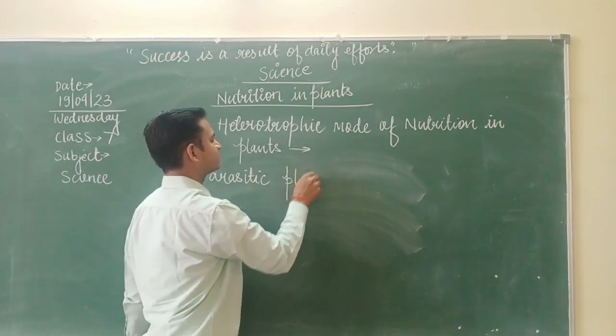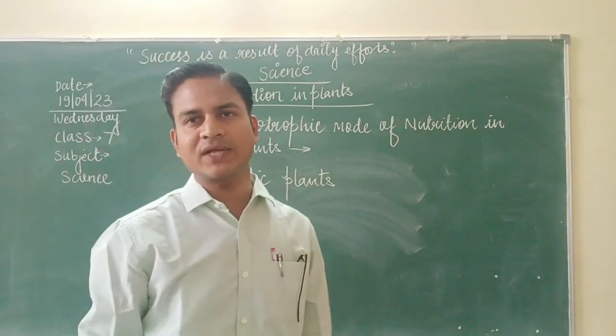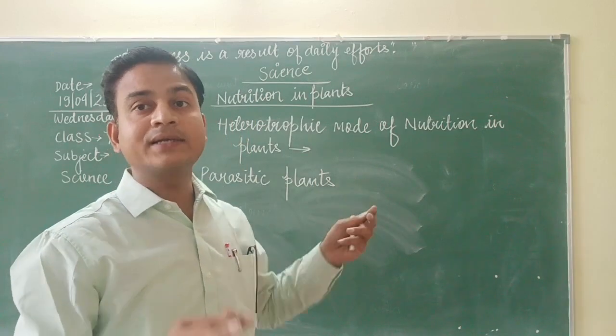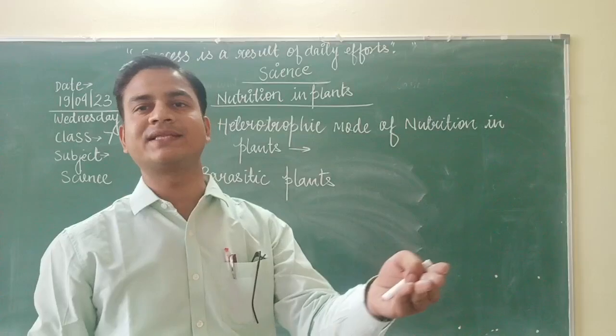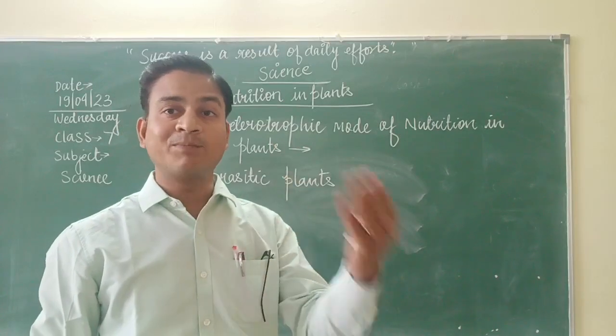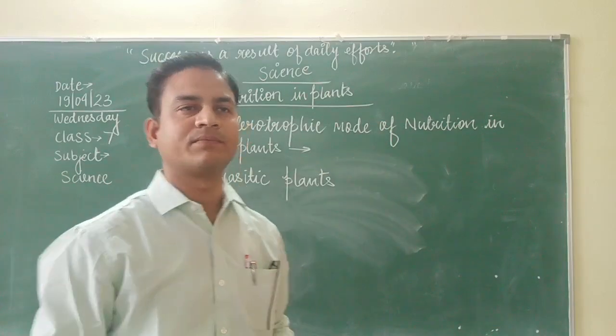Parasitic plants. Children, parasitic plants are those plants which have heterotrophic nutrition, and they depend upon a living organism, or some other plant, either completely or partially, to derive nutrients from them.